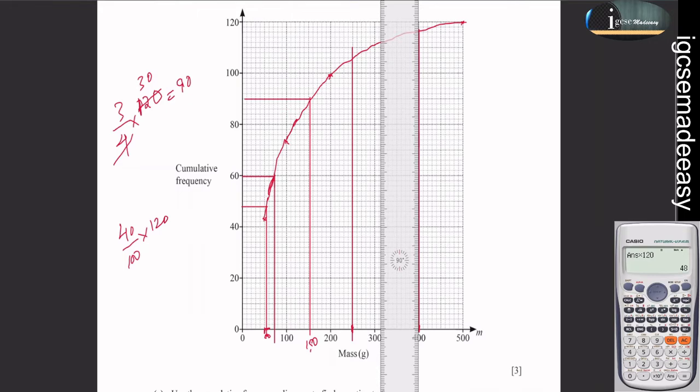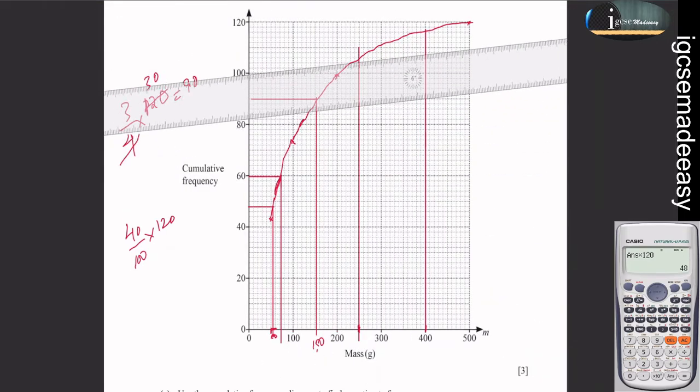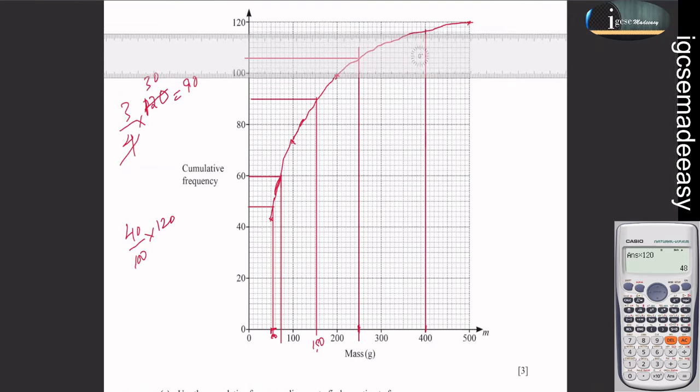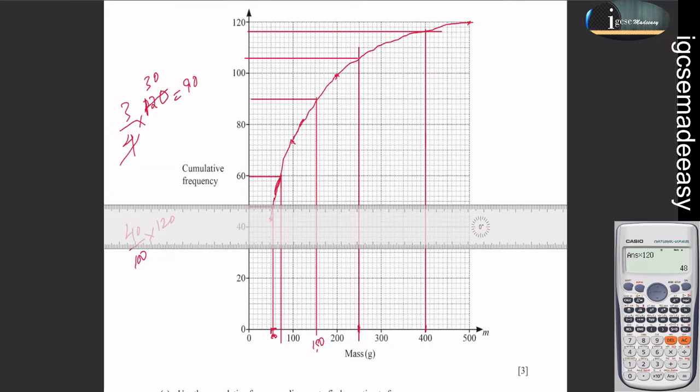Be careful, it should not go beyond that. So what is the value for this when it is 250? I'm getting this one, and for this case I'm getting around this value.